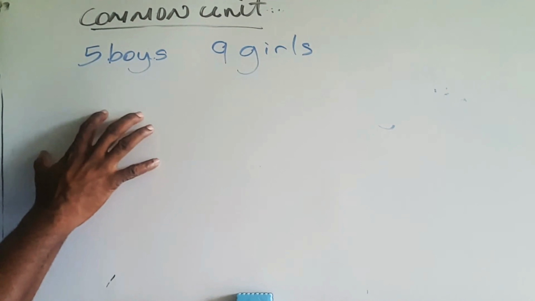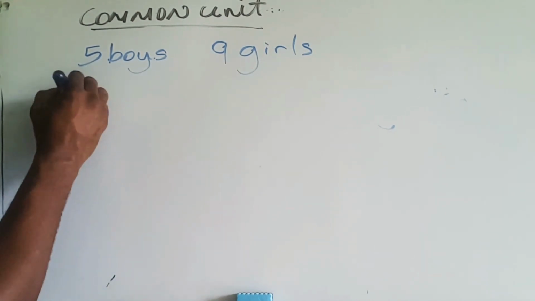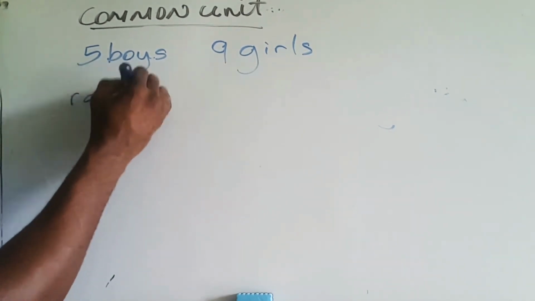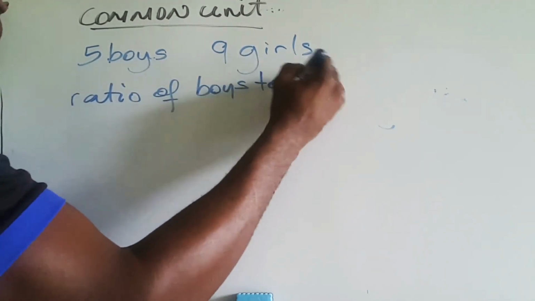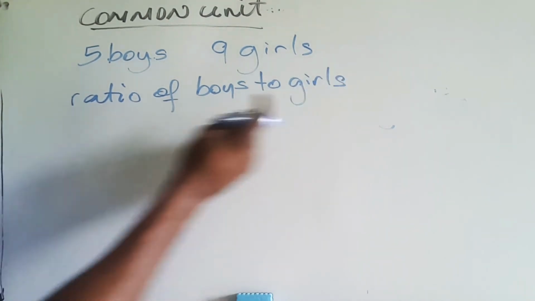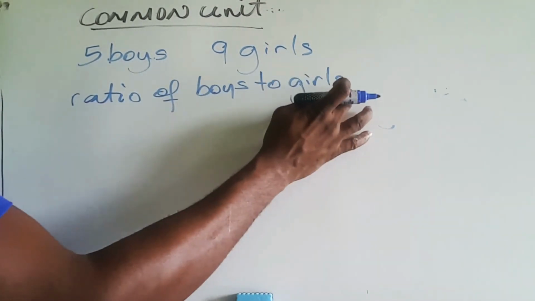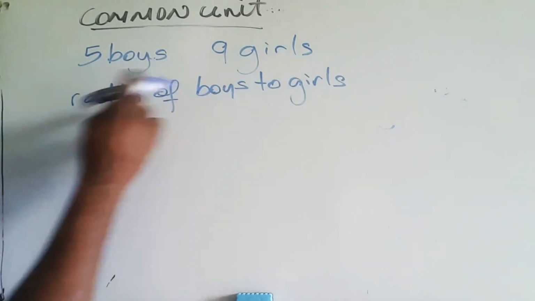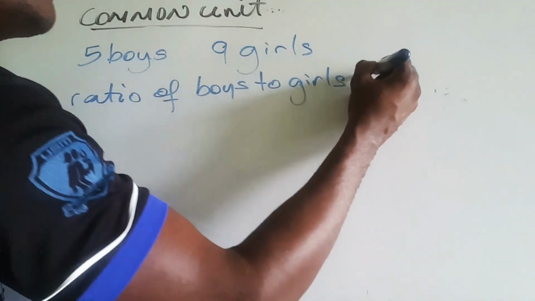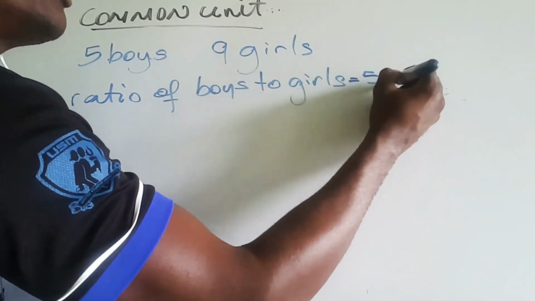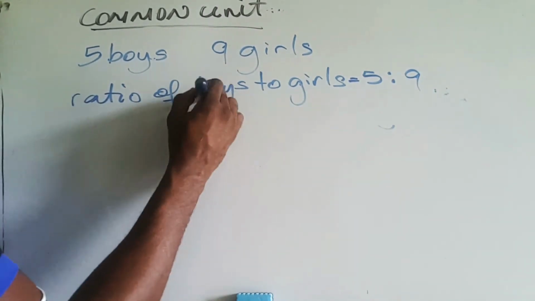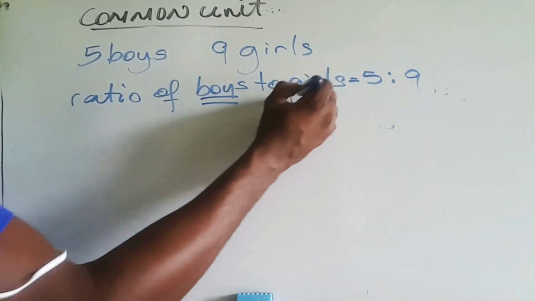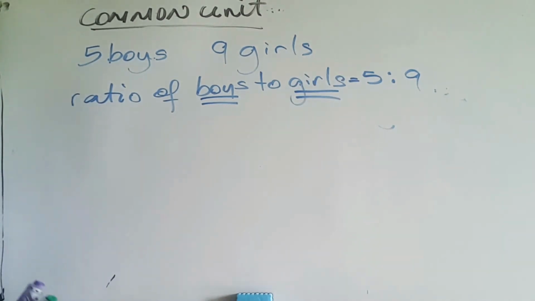Now if we're asked to write the ratio of boys to girls, boys would come first, so it's going to be 5 to 9. Because if you notice, the ratio of boys to girls, boys first, girls second. So that's 5 to 9.